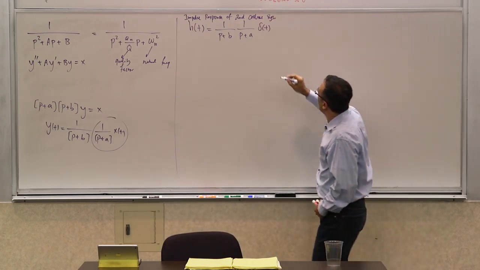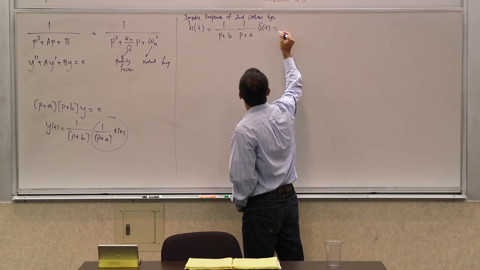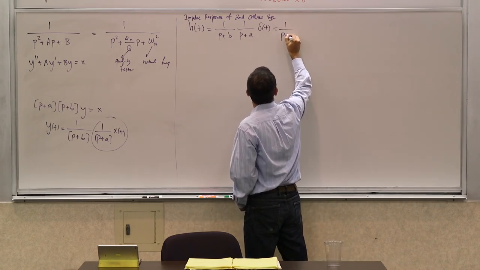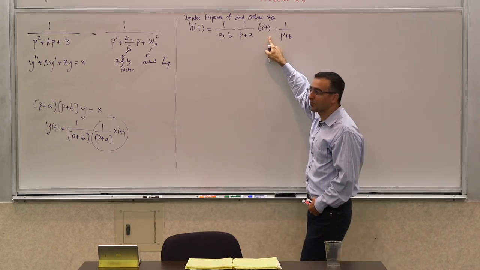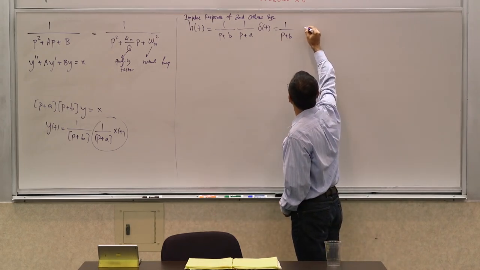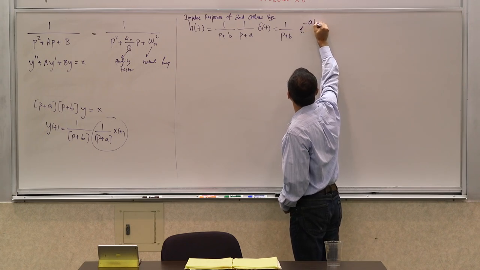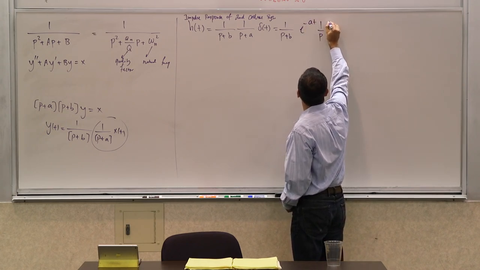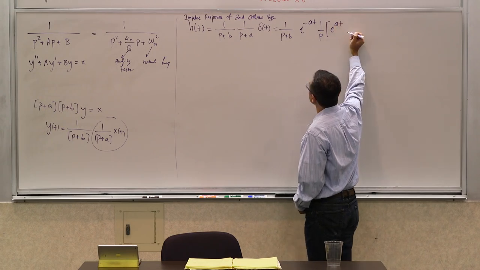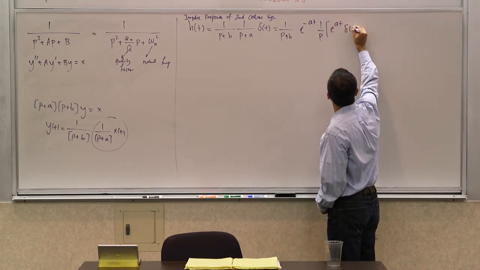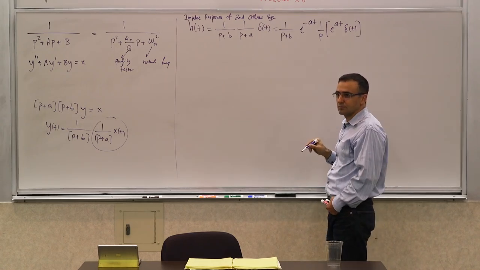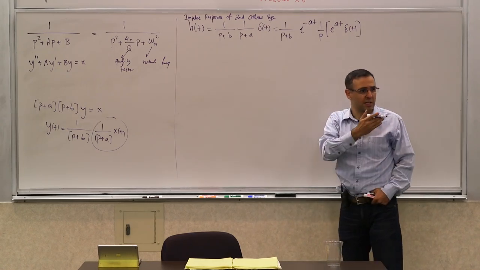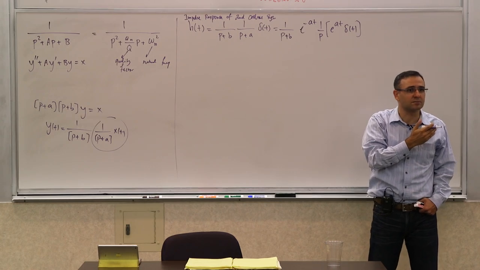Okay, so do you agree that I can apply them in succession? So it would be 1 over p plus b of this. What is this? We have defined this before, right? We calculated that. So it's e to the negative at, 1 over p, e to the at, delta of t. I'm just using the thing that we derived last time.